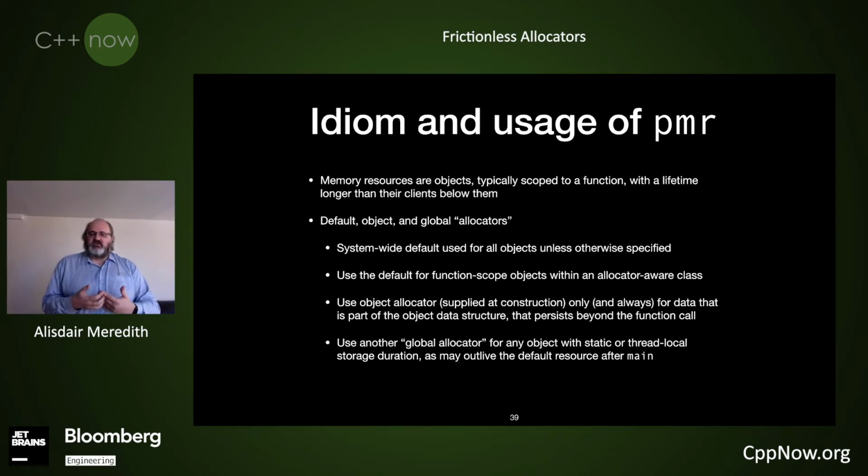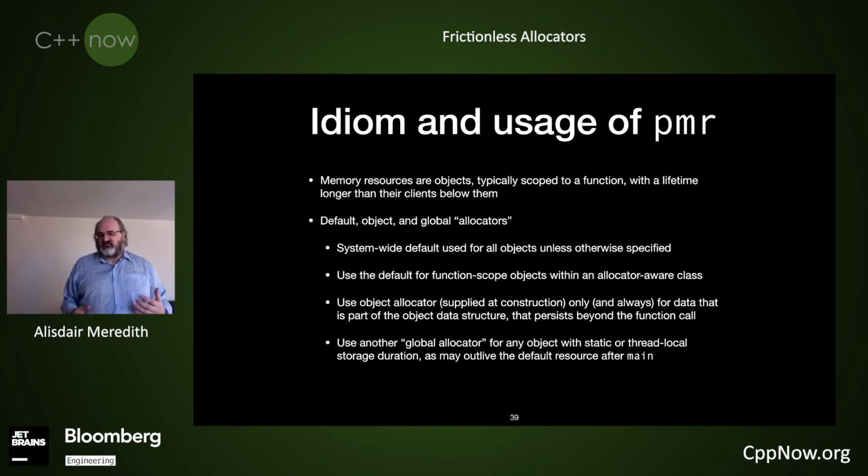And if the user installs something like a monotonic allocator, those allocators that just consume memory until they exhaust it, you don't want all your temporary objects that are transient within these functions consuming that storage that is a much more limited resource.